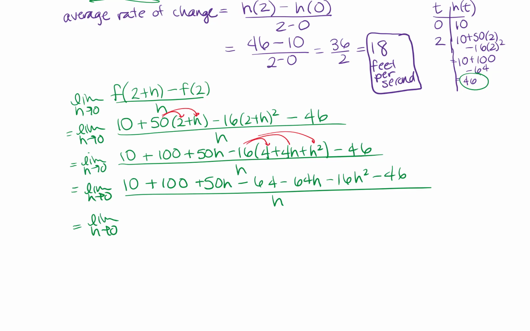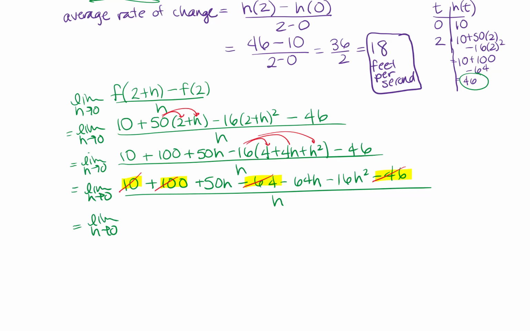Okay, so some like terms to combine here. Let's see. I got a bunch of constant terms, so let me just mark them off here. 10, 100, minus 64, and minus 46. Yeah, and those all add up to 0. Okay, so those all cancel. And then I have a couple of h terms.